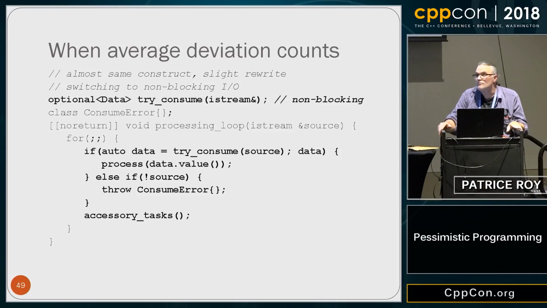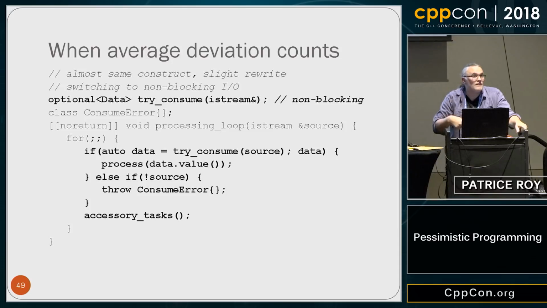Presuming that your try-consume takes a stable amount of time, you can have predictable behavior, but overall you're going to be using CPU power, so it's only useful if you're doing something useful, of course. But you're active. You're always doing the accessory tasks at, we can presume, a stable rate if everything goes fine. And if something really bad happens, you're still throwing and leaving, but in the meantime, you're active.